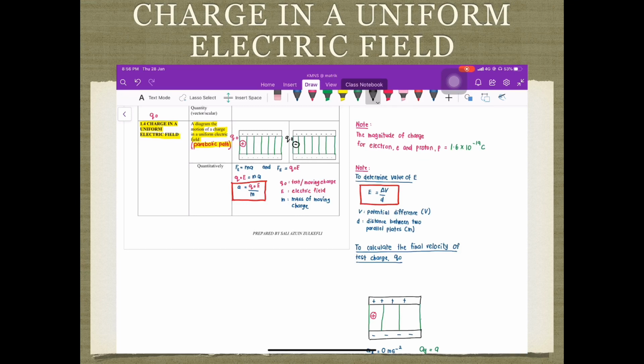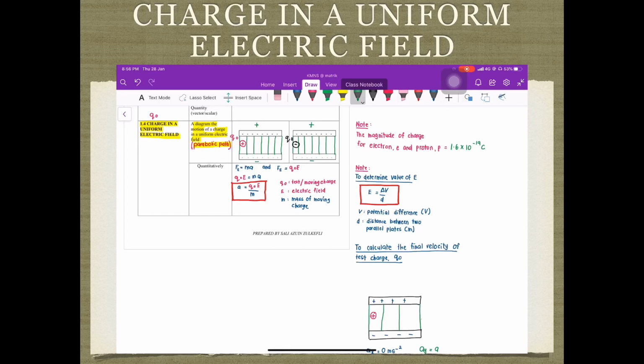Referring to the diagram, the upper plate is positive and the lower plate is negative.